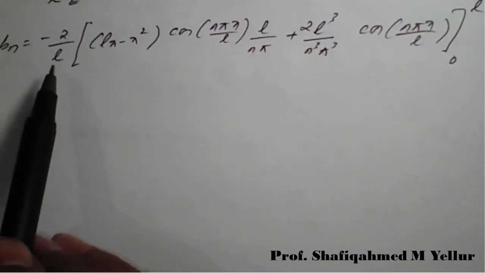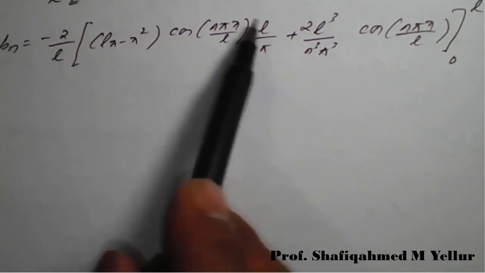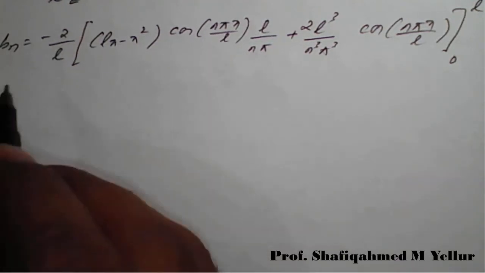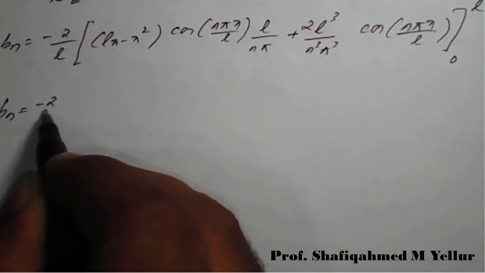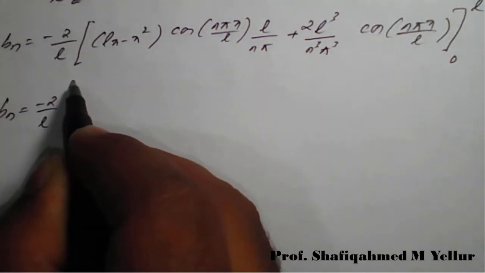So in the previous step I had taken minus sign out and I have rearranged. Now we'll apply upper and lower limit here. So Bn is equal to minus 2 upon L bracket.